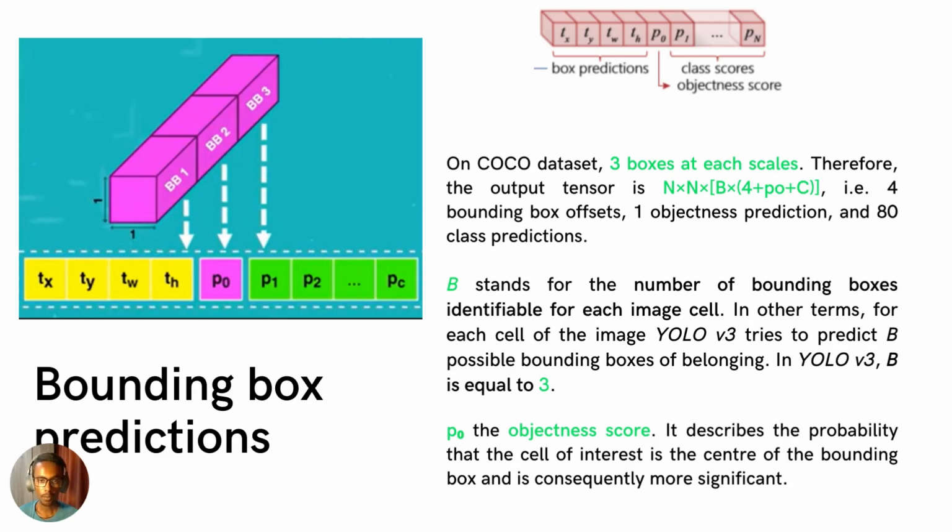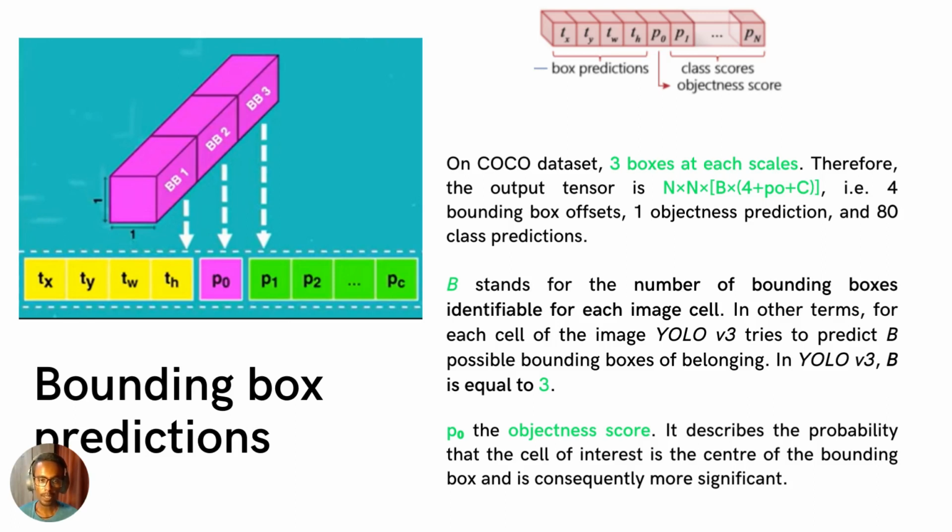B stands for the number of bounding boxes identifiable for each image cell. In other terms, for each cell of the image, YOLOv3 tries to predict B possible bounding boxes. In YOLOv3, B is equal to 3. So each grid cell for the output image is going to predict 3 bounding boxes, and B represents that number. p0 is the objectness score.